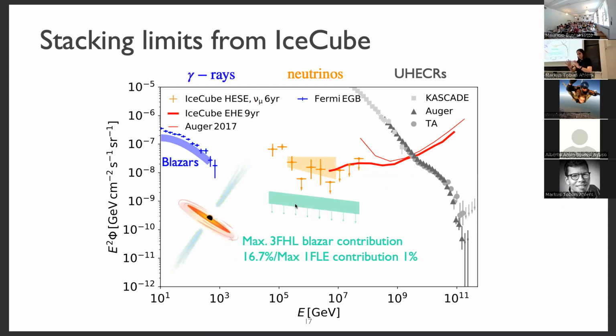And I want to wrap this up by saying, remember that we started this discussion by considering the fact that all these different diffuse radiations, gamma rays, neutrinos, and cosmic rays, extragalactic ones, have a similar energy budget. We thought, well, maybe this is a sign that they all come from the same source population.